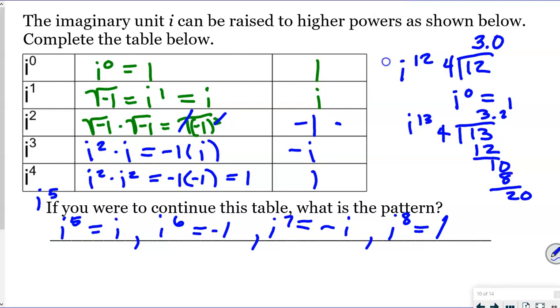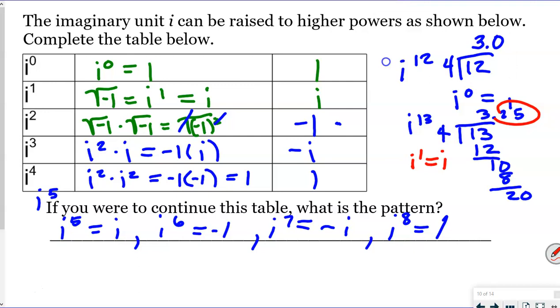How many times does 4 go into 20, y'all? 5 times, right? So how many quarters is 25 cents, y'all? Because we're looking at this remainder again right here. How many quarters is that? 1, right? So that means this is going to be i to the 1st, which is what? i. You see it?